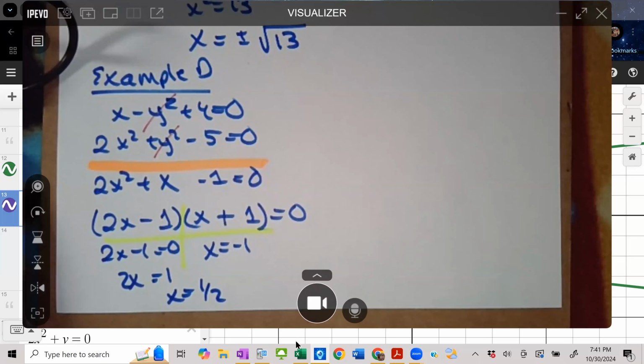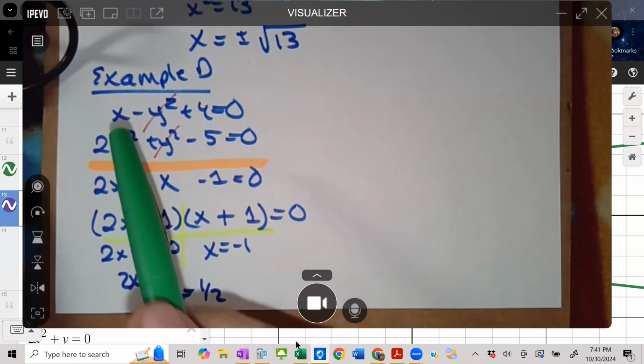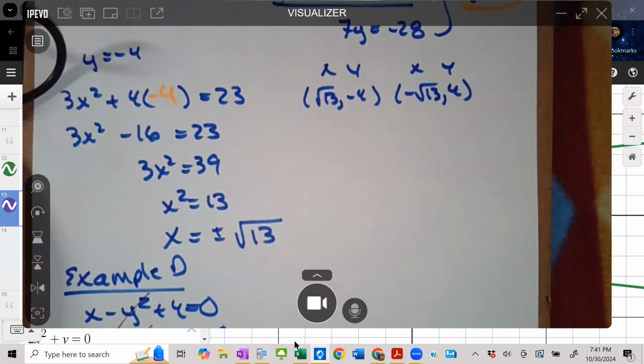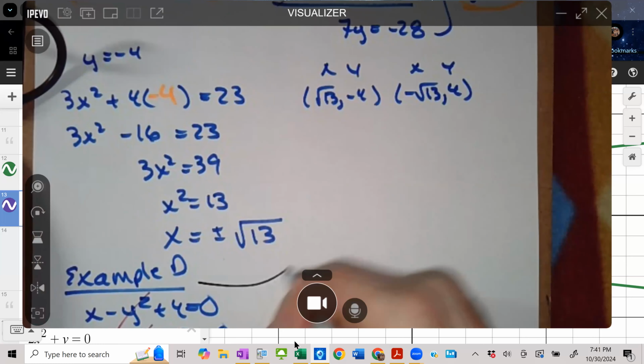Let's see if we can't finish this off. Now, overall, remember, we expect 4 solutions. So let's go back and plug those values in for x and see what we get for y. So let me give myself a little bit of room up here. So like this.